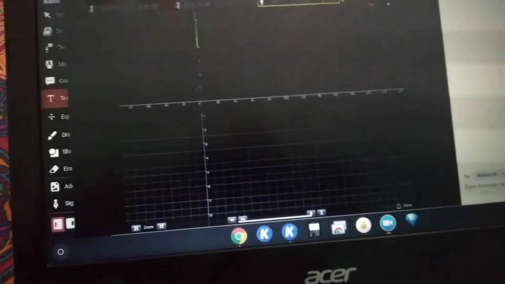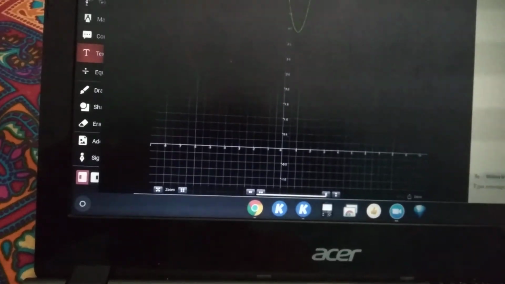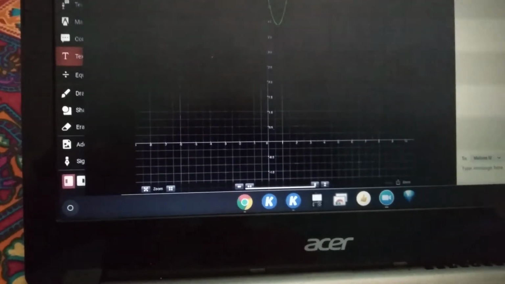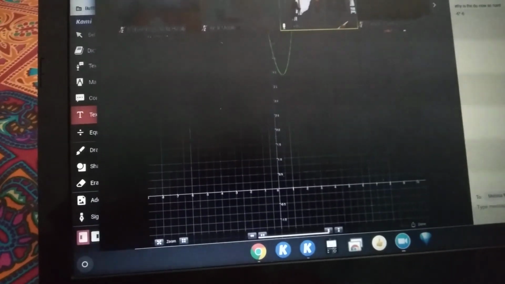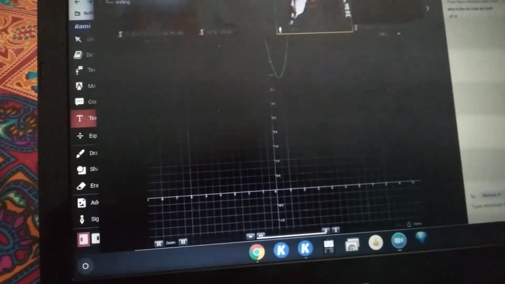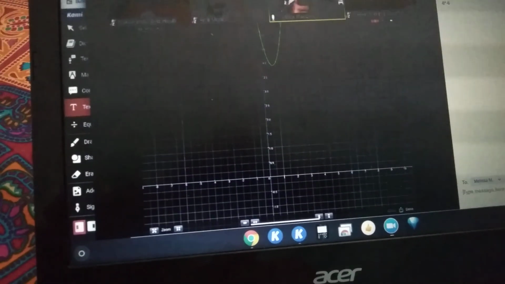Oh my goodness gracious. Does my parabola cross the x-axis? No, it does not. When your graph does not cross the x-axis, that means there are no real roots. No real roots. Everybody understand?